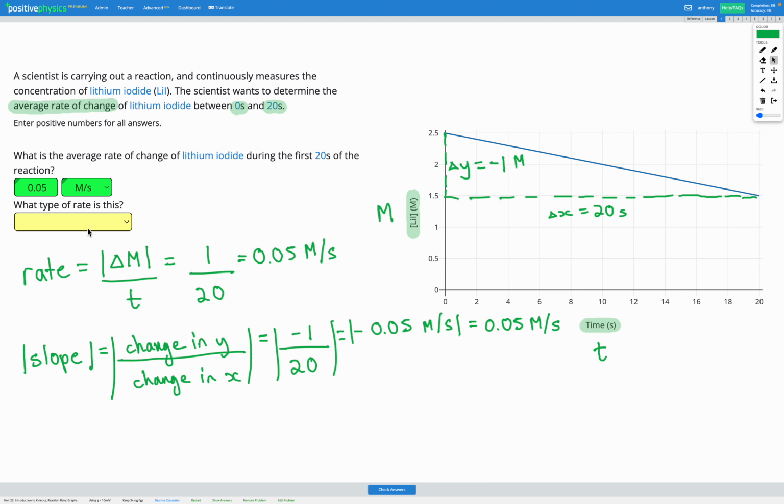Next, we're asked what type of rate this is. This is where we're looking at increase or decrease, consumption or formation. So in this question, because my graph is sloping down, that's telling me my concentration is decreasing.